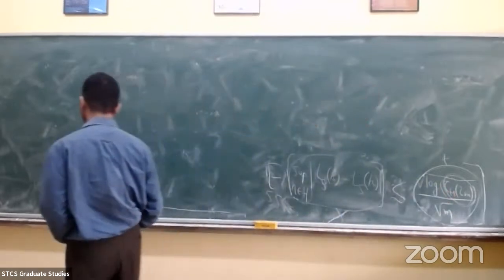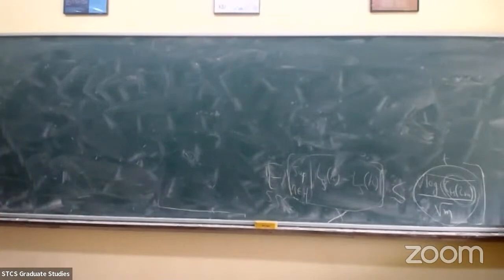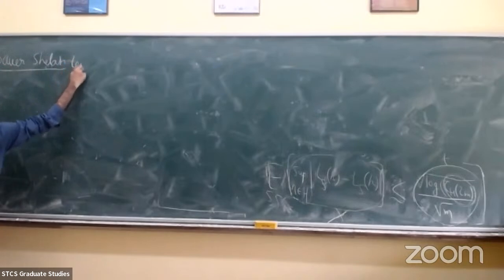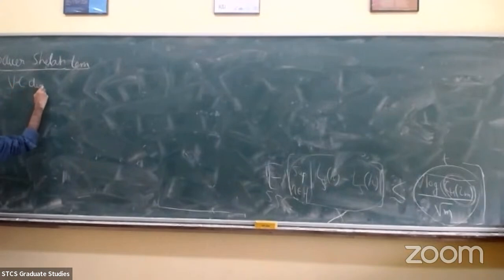So in particular, we want to prove a lemma like this. Just call this Sauer's lemma. It says that if the VC dimension of a class is d, then the growth function is quite small.